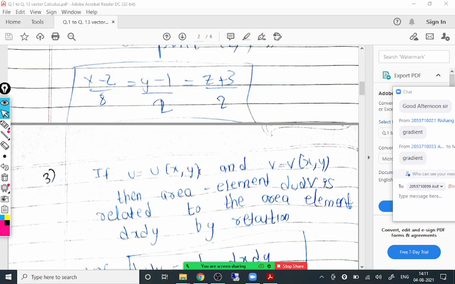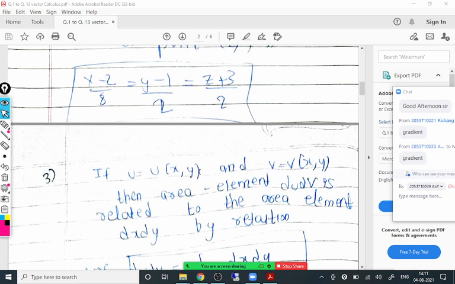Let me see the question. If u is a function of x, y and v is a function of x, y, then the area element du dv is related to the area element dx dy by a relation. Actually, we discussed this in multiple integrals last semester.